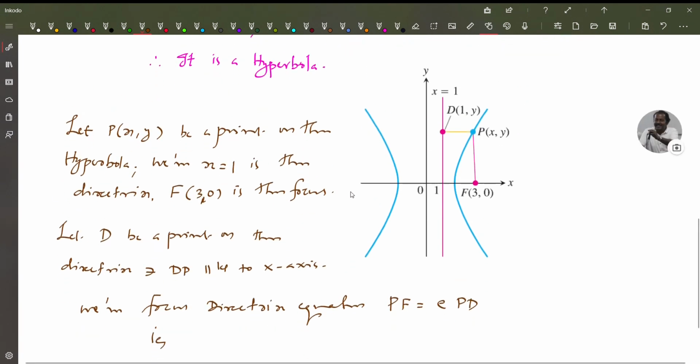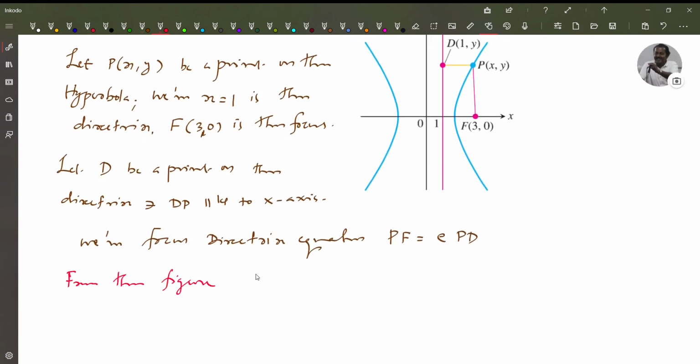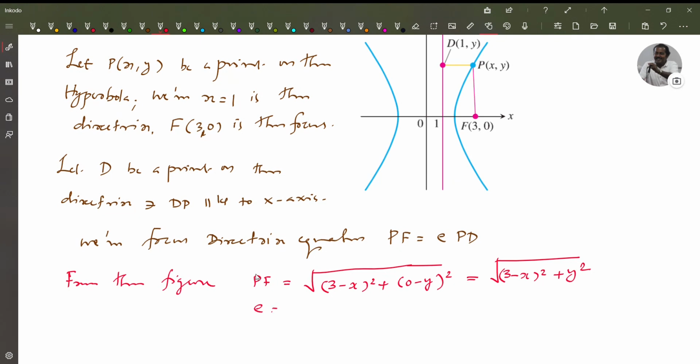So from the figure, PF equal to square root of (3 minus x) the whole square plus (0 minus y) the whole square. So this is root of (3 minus x) the whole square plus y square. And we have e equal to square root of 3.